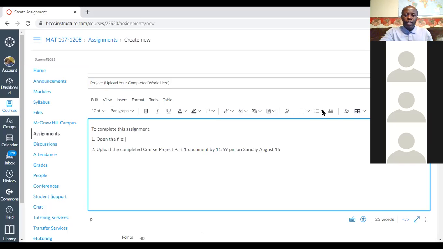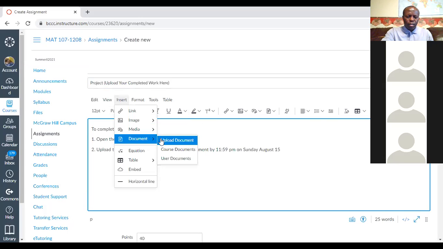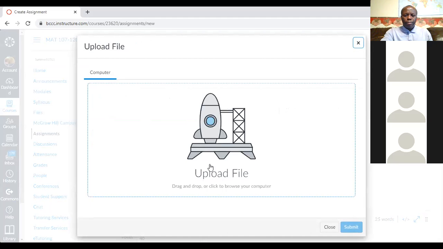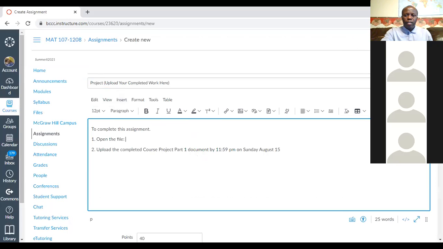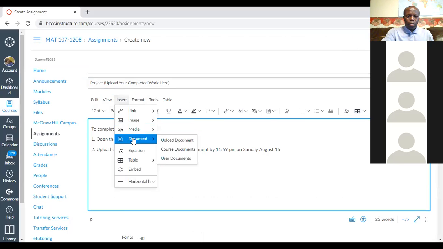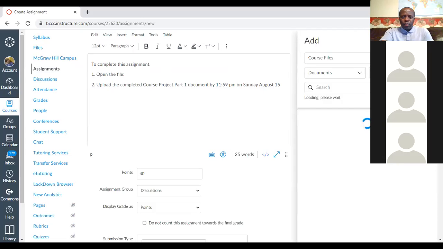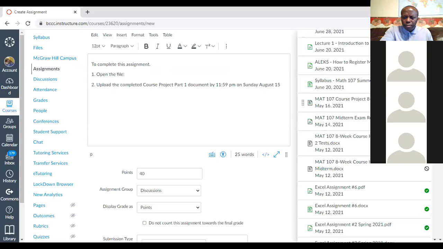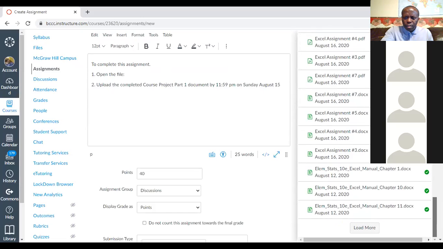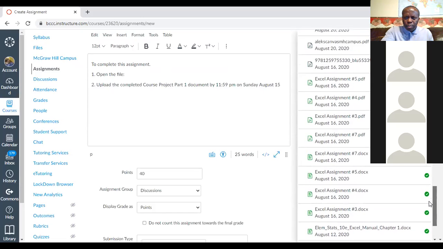Now I'm going to put this file. Upload document. Actually, matter of fact, I'm going to go from here. Document. Course document. Okay. Then I'm going for projects.